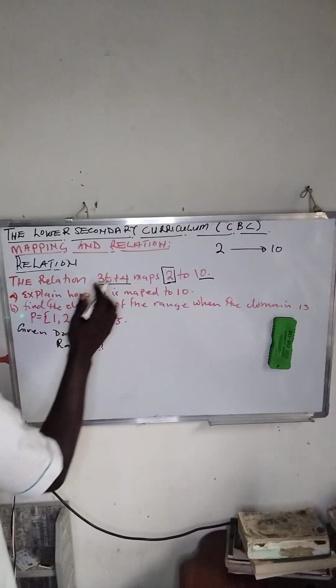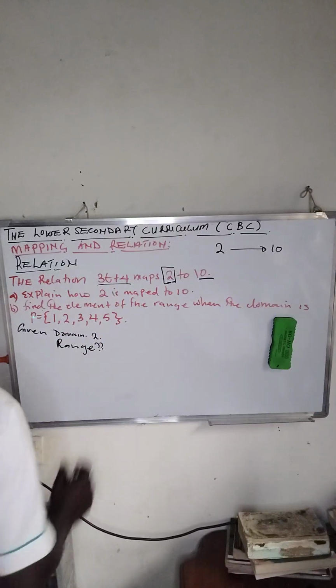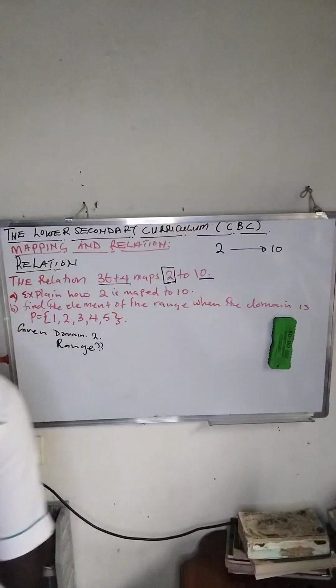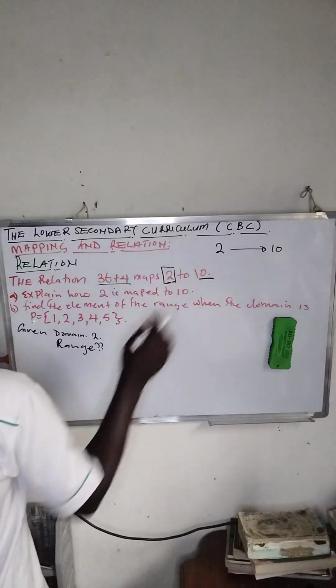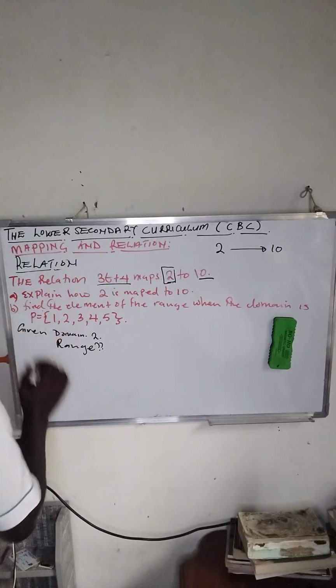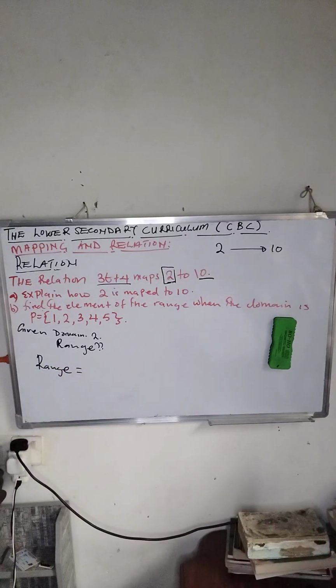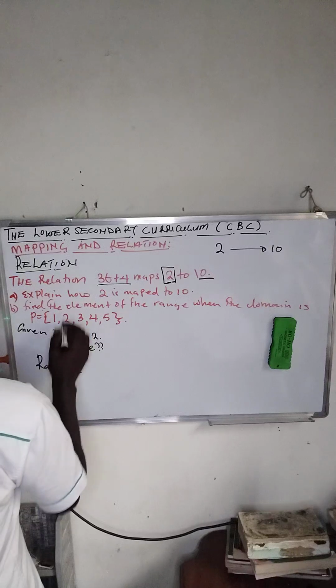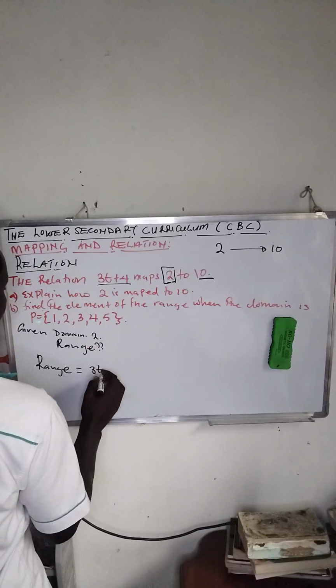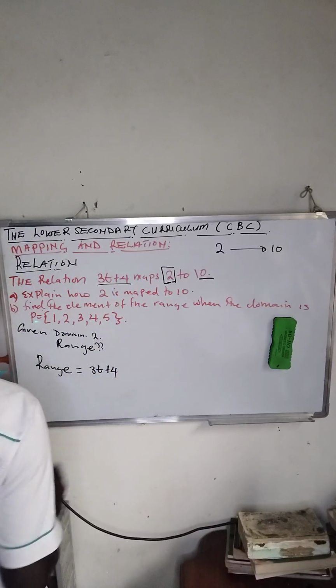Now, to obtain the range, what they have done is they have just brought the relation that relates this to the range. It means to obtain the range, we just use the domain in the relation which is 3t, then plus what? A 4.